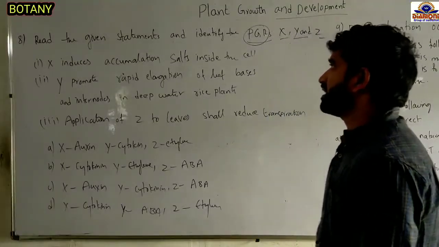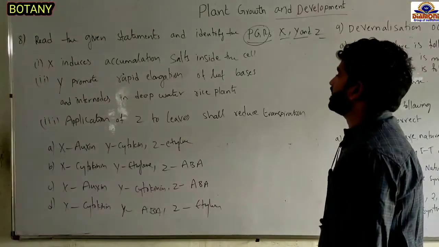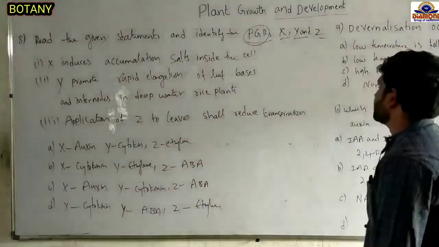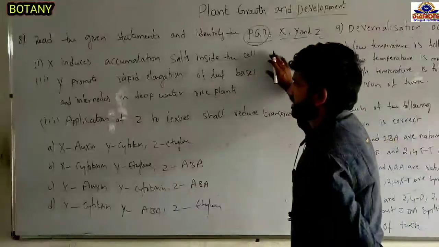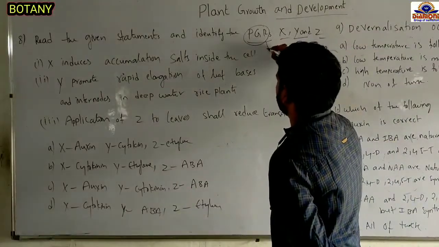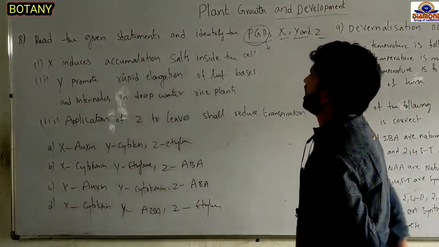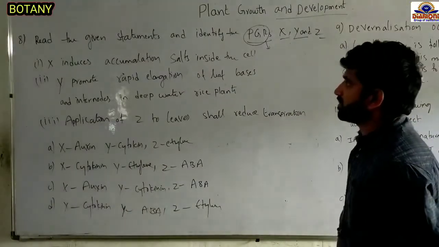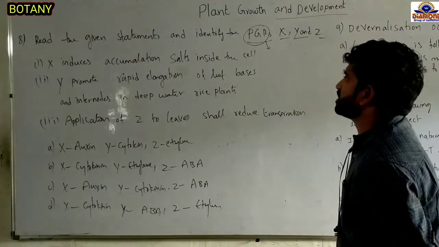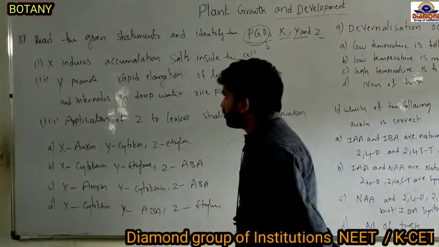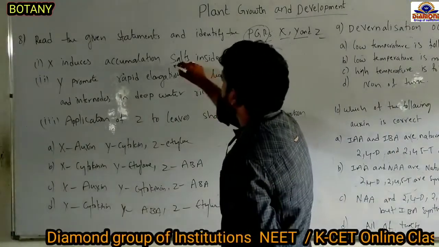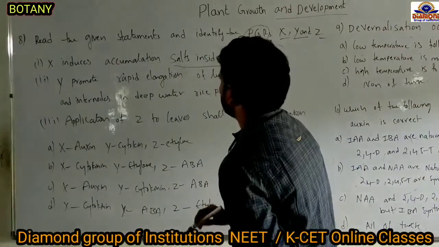As the next question: read the given statements and identify the PGRs X, Y, and Z. Here the three statements are regarding plant growth regulators X, Y, and Z. One, X induces accumulation of salts inside the cell. So X is one of the phytohormones.